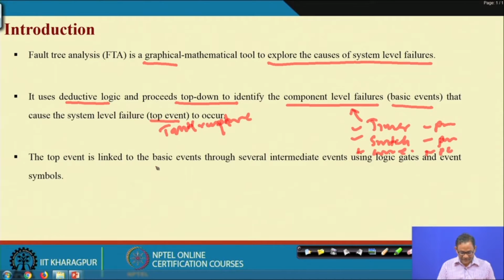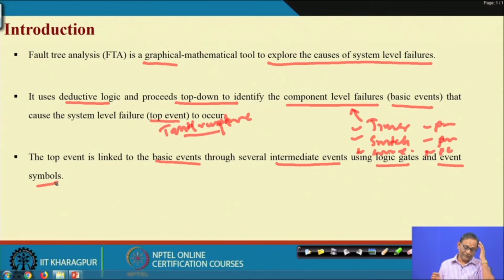The top event is linked to the basic event. When you come to the component level failure, also known as a basic event, it is something where you have enough data to know the probability of failure. So the top event, tank rupture, will be linked to these bottom component level failures with reference to the pressure tank system, with several intermediate events, logic gates and event symbols.